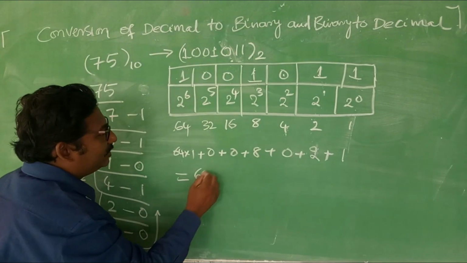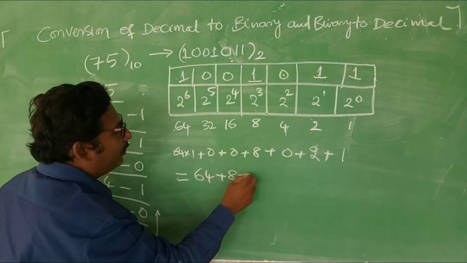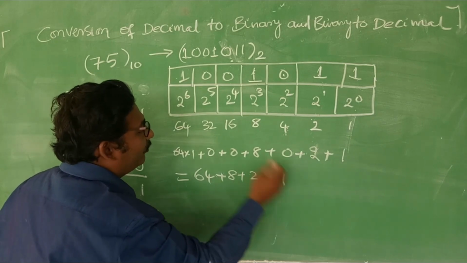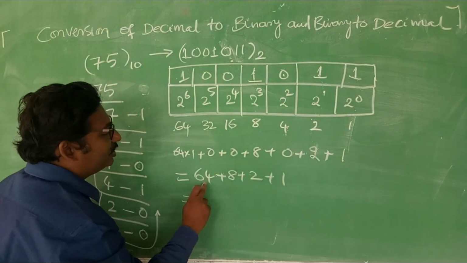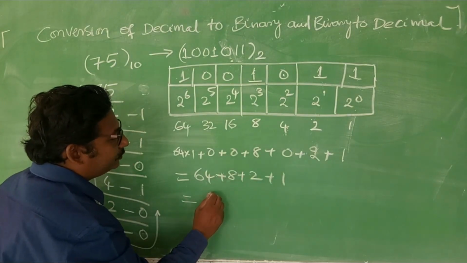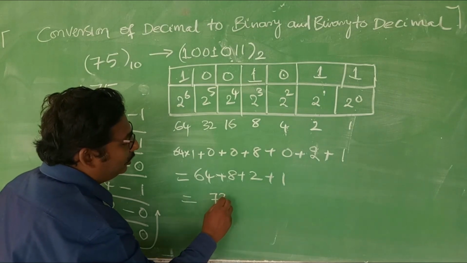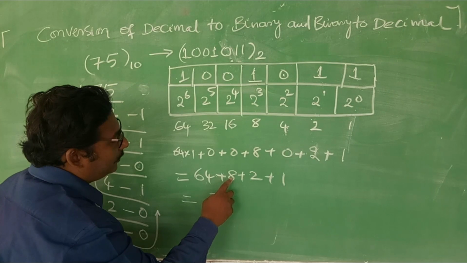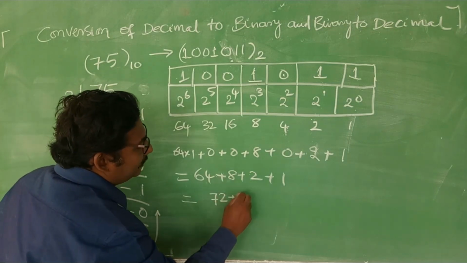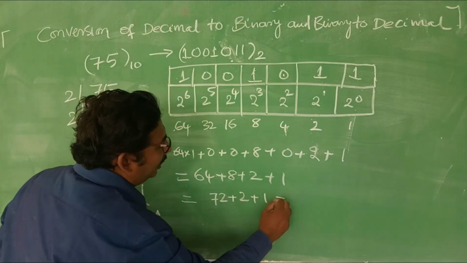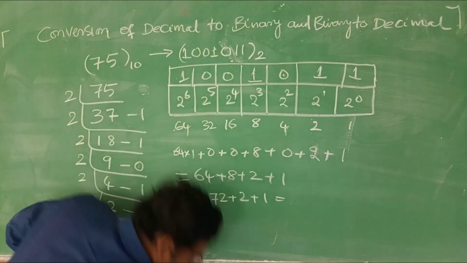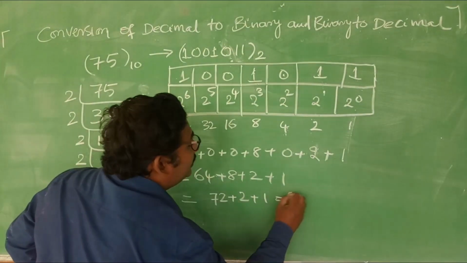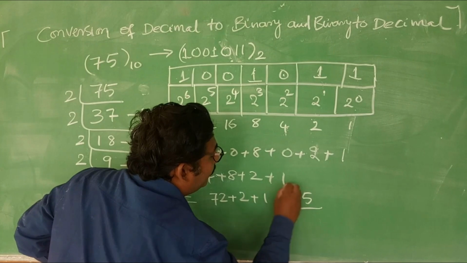That equals 64 plus 8 plus 2 plus 1. 64 plus 8 is 72, plus 2 plus 1 equals 75.